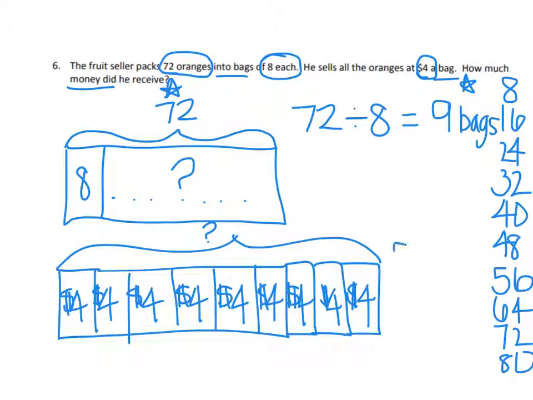So for this problem, I need to take 9 and multiply it by $4. If you're not sure what your 9s are, go ahead and write them on the side. You can also try and use the finger trick. Do you remember how to do that?